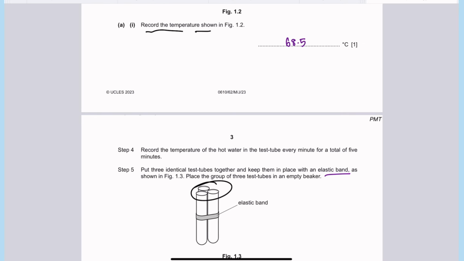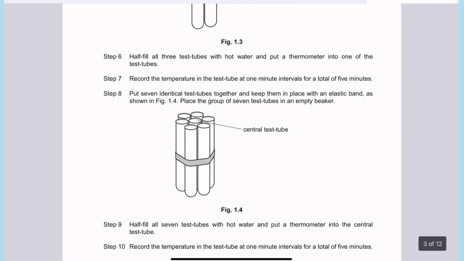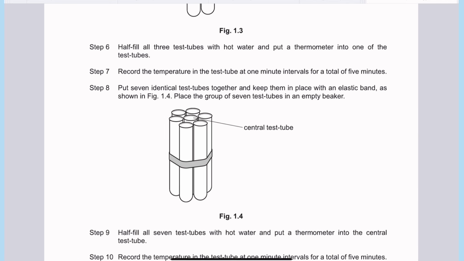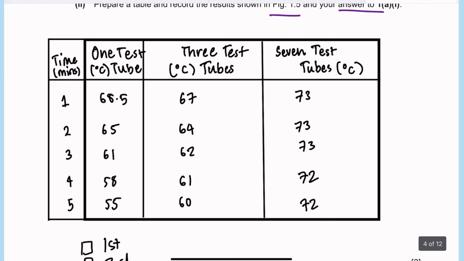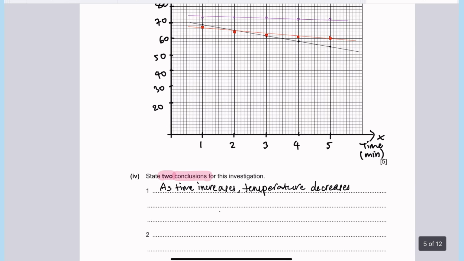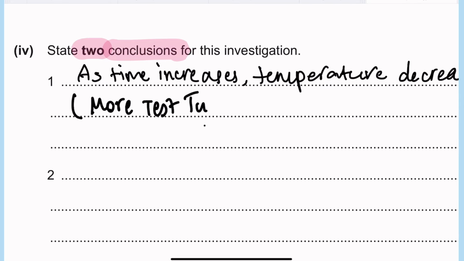So I would say something like, essentially the more test tubes, you need to make a conclusion based on the trend in the data. So if I look here, the temperature seems to be decreasing much less when you have more test tubes, right? So I would mention that here. Frame it in a way that says, as time increases with a greater number of test tubes, the temperature decreases less.